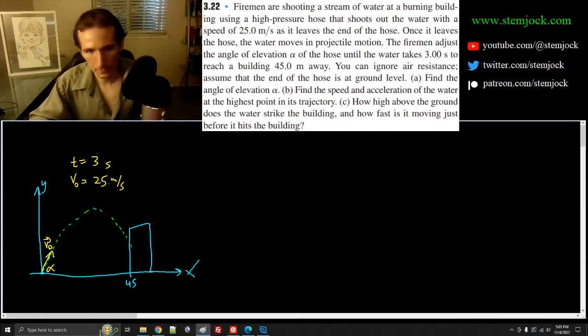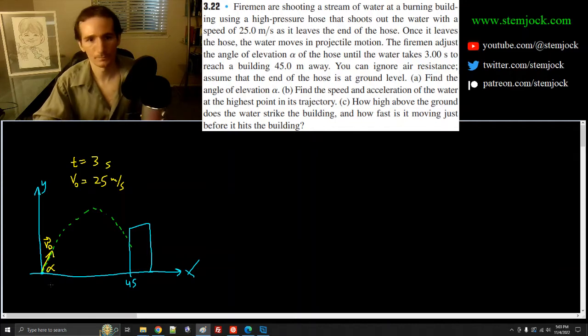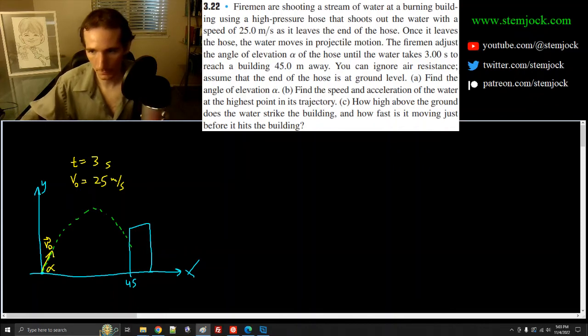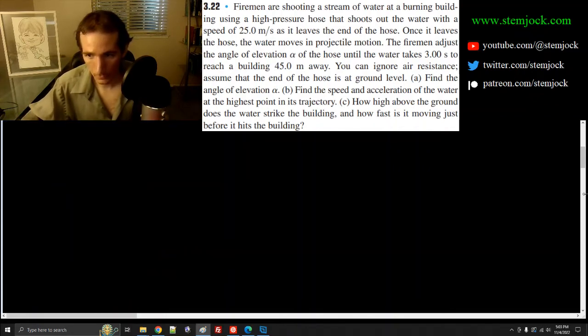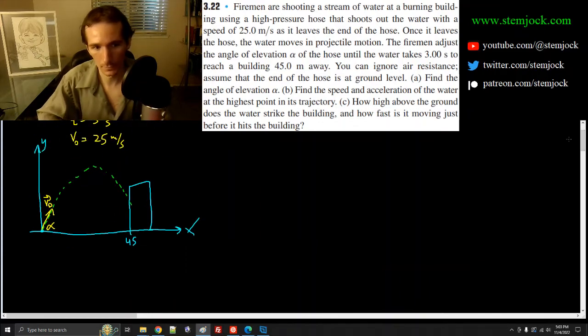So I'm thinking that we should consider the horizontal motion first, because they give us the final x position and we know what the initial x position is. Actually, let me back up a bit. Let me first start by finding the components of the initial velocity along the y and x axes.